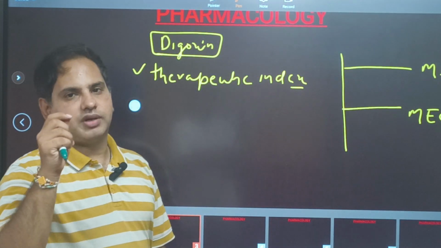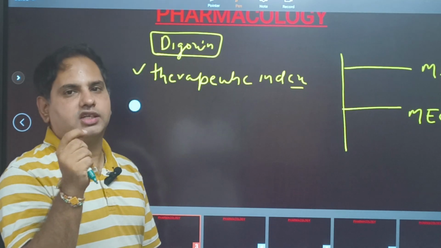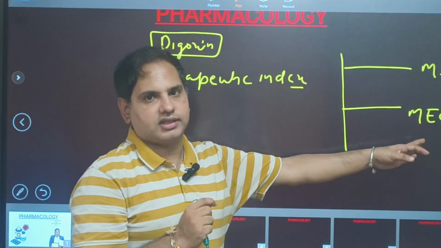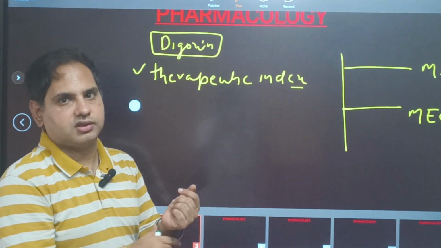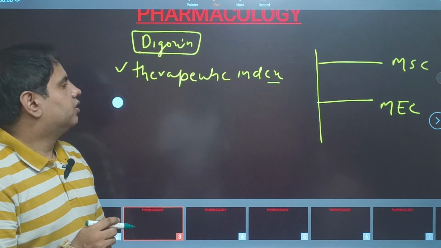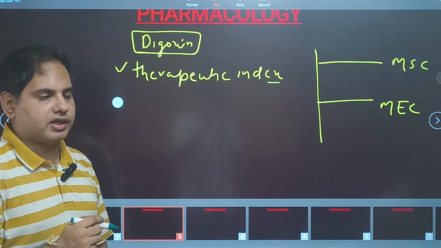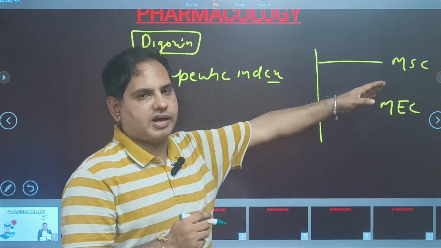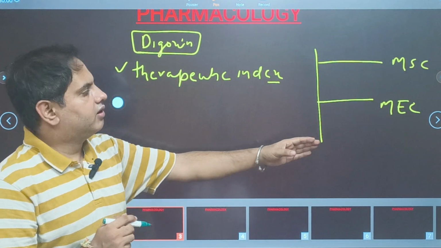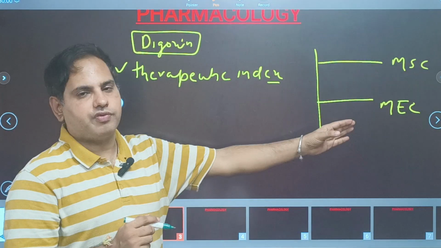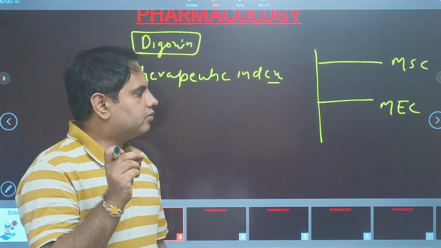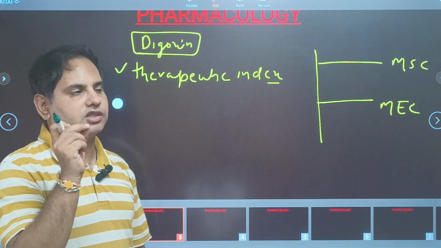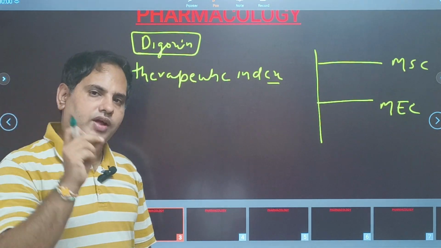Minimum effective concentration means the minimum concentration of the drug that is required to produce the effect, as its name indicates.